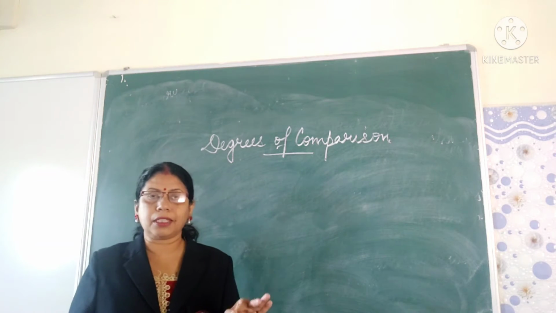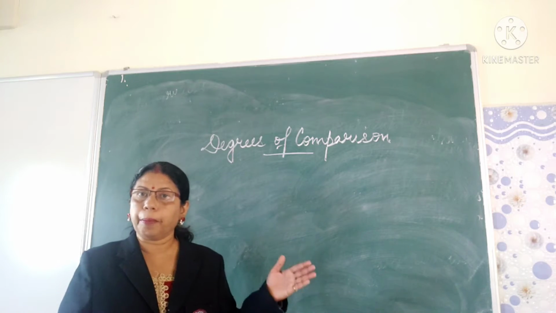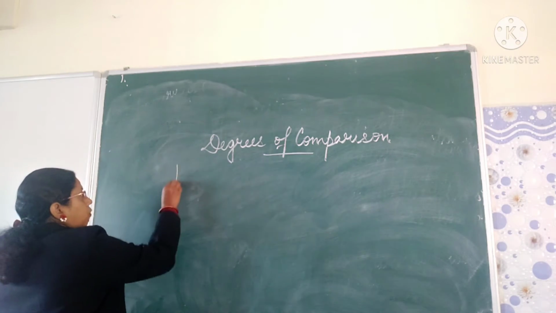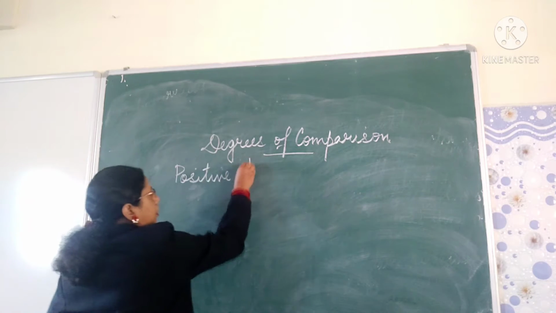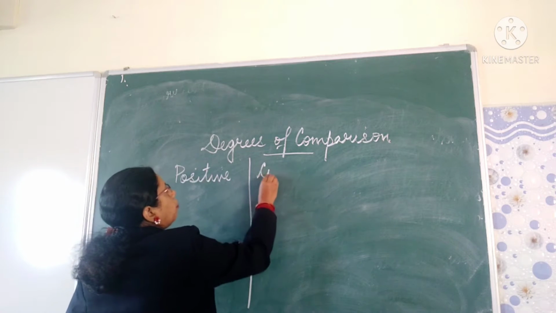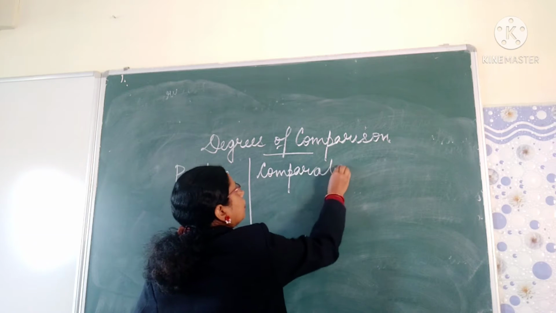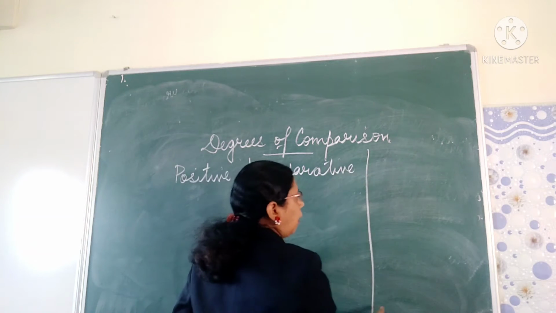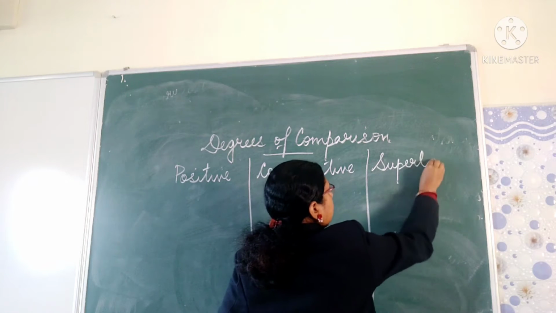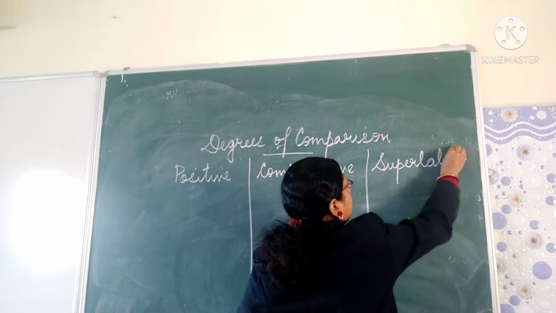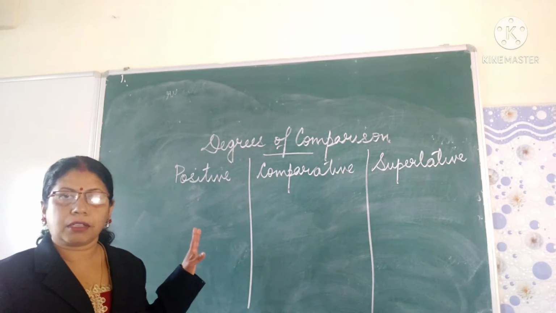What are the basic three categories under which we compare this? The first one is positive, then comparative, then the last one is superlative. So these are the three degrees of comparison.